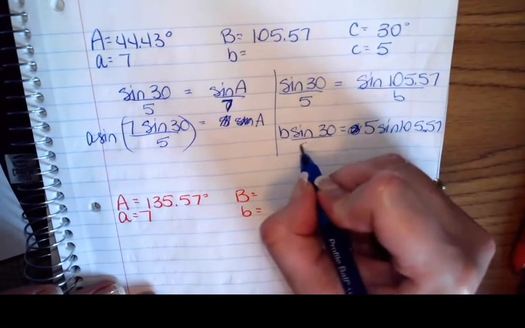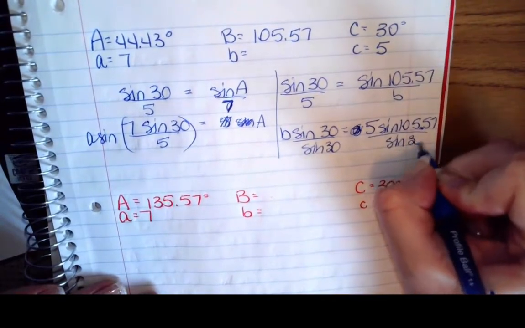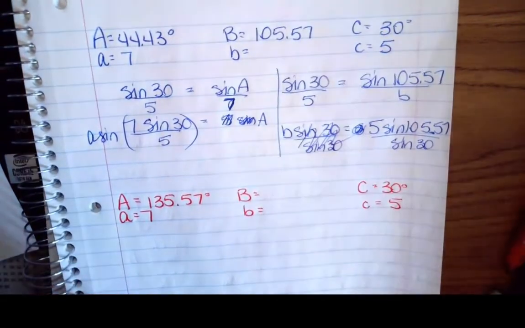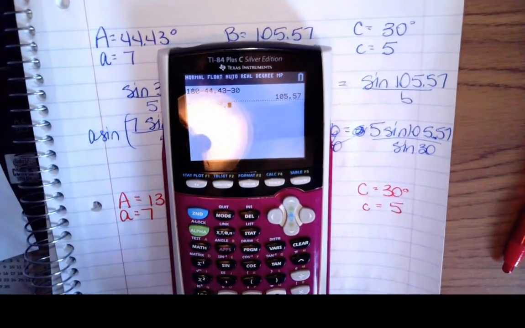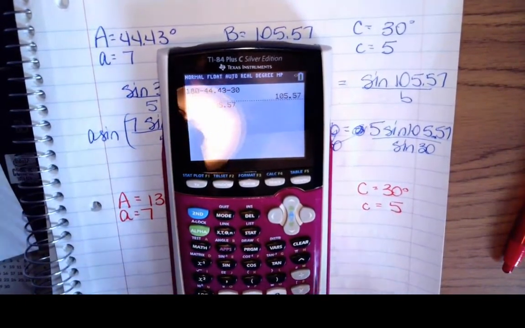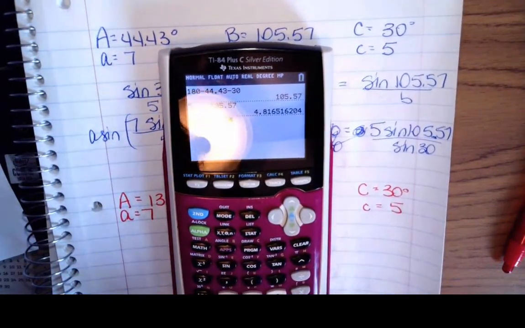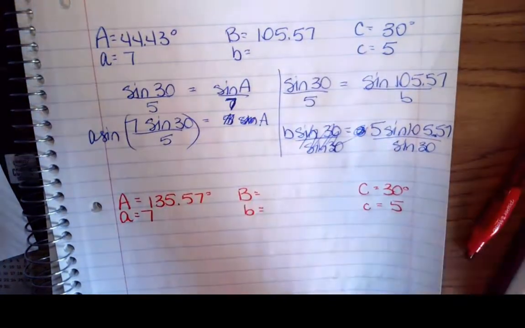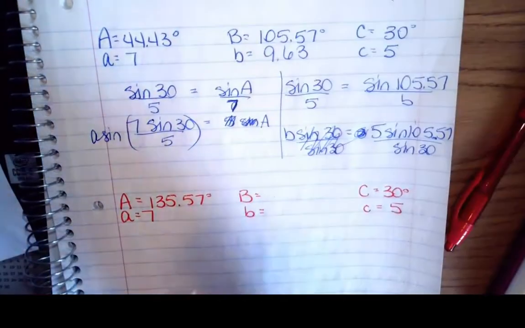And then divide both sides by the sine of 30. So I have 5 times the sine of 105.57, divided by the sine of 30, is 9.63. So I find out that this side length is 9.63. So I've got a completed triangle.